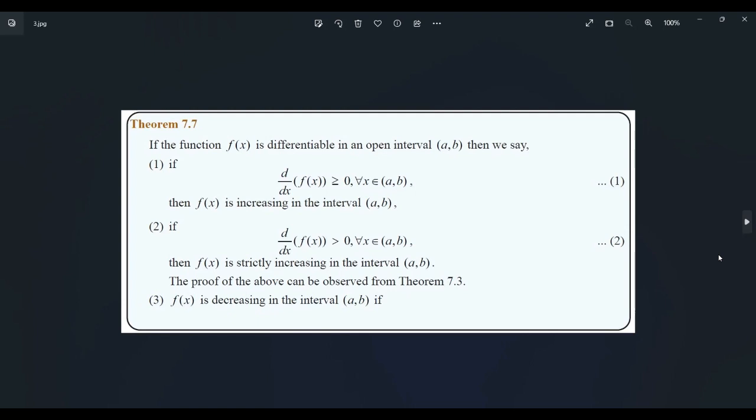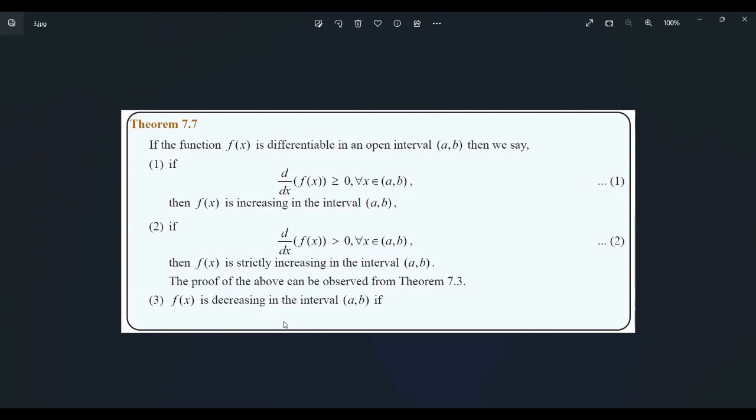So we look at the first differentiation of the function, and if that is positive, that means it is increasing. If d by dx f of x is greater than 0 for all x in a comma b, then f of x is strictly increasing in the interval a comma b. So strictly increasing means that the function is not constant at any point in a comma b. It's always increasing. So there's a difference between increasing and strictly increasing.